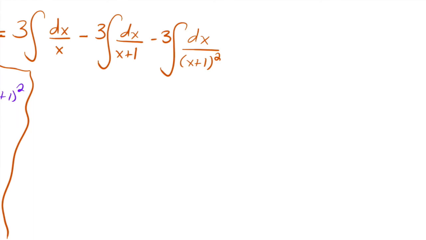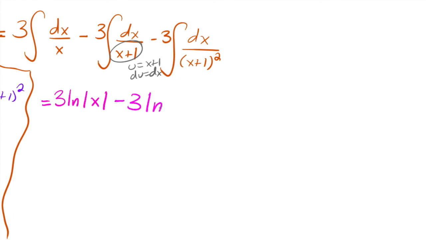Okay, now we're going to do this part a bit quick because this happens quite a bit, and so you should be comfortable doing these kinds of integrals quickly. This one, dx over x, we know that that is natural log of the absolute value of x. Okay, that one's easy. And then this one, same thing. You let u equal x plus 1, du equals dx. Anytime you have just x plus or x minus a number, that's also going to be a natural log situation.